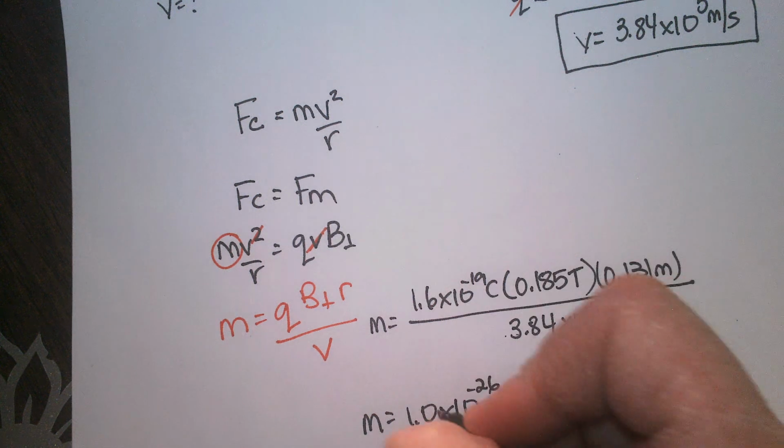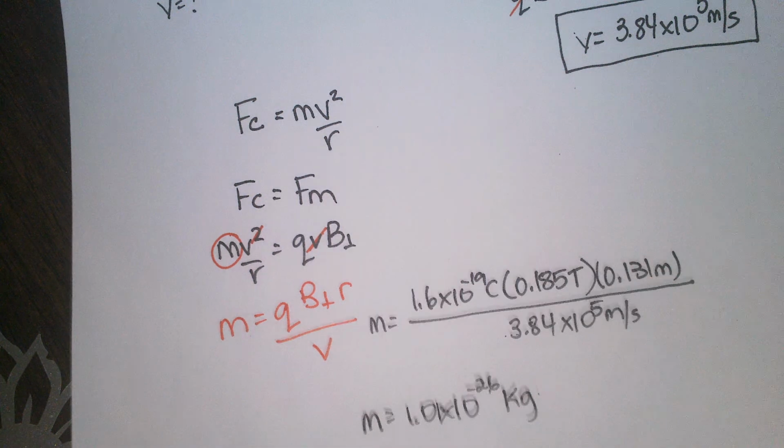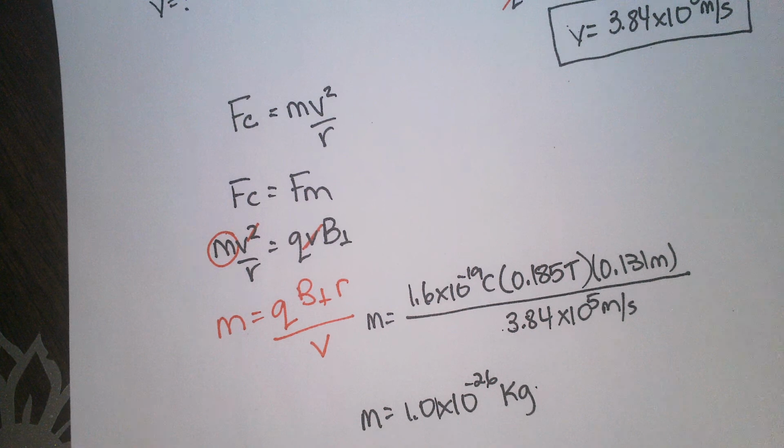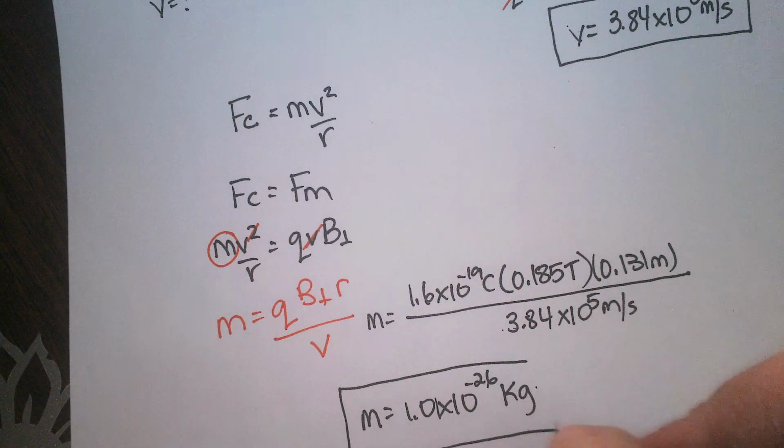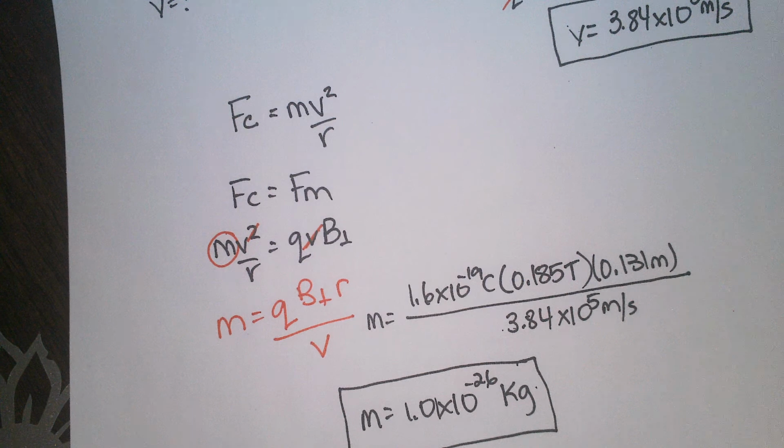1.0. I would give you 1.01 because Q is a constant. Yeah, the charge varies. Some books will do just 1.6, some will do 1.60.